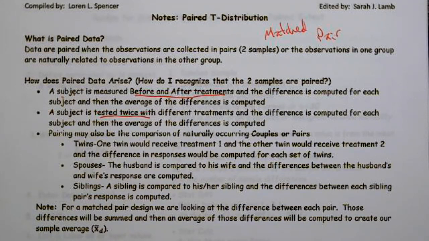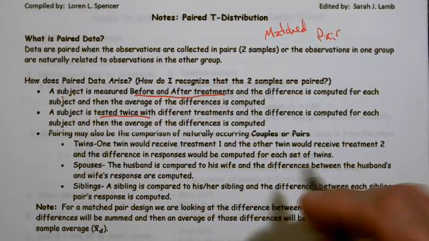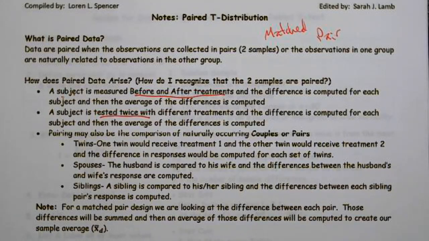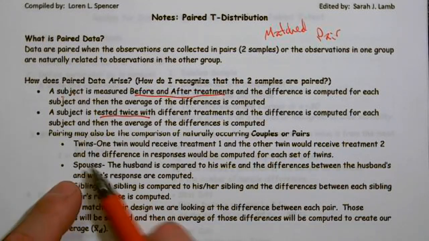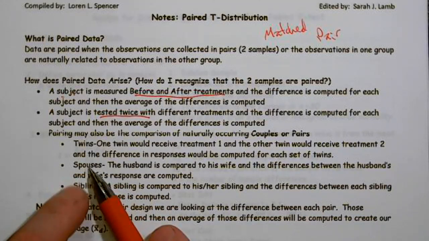A paired test looks at the husband's height and the wife's height and subtracts to find the difference. Whereas a two sample test would take the average of all married men and subtract it from the average of all married women. So if you're working with spouses, make sure it's a one-to-one matching.